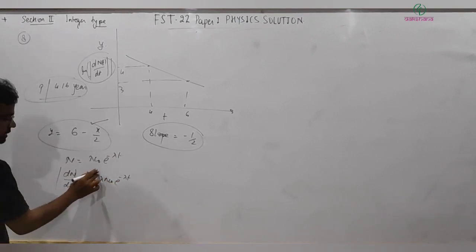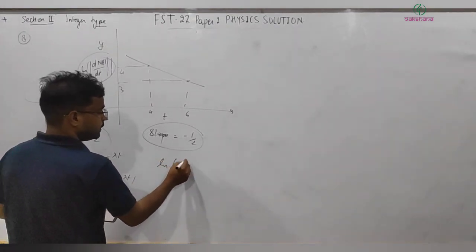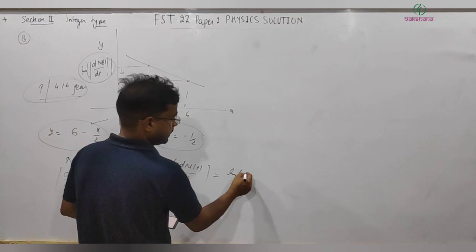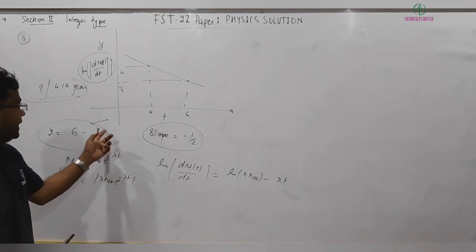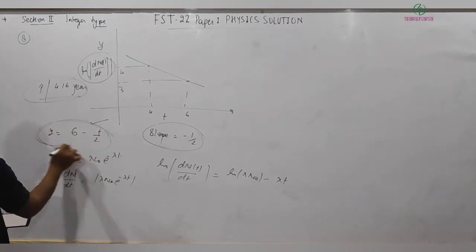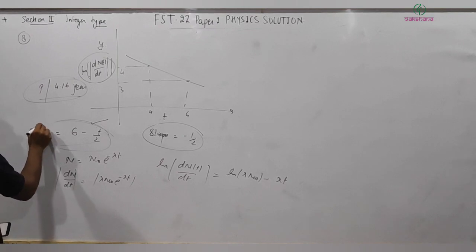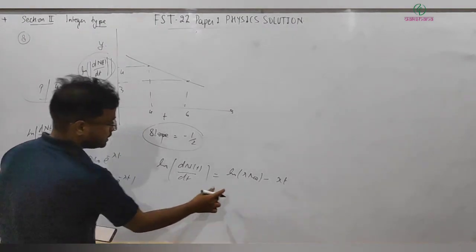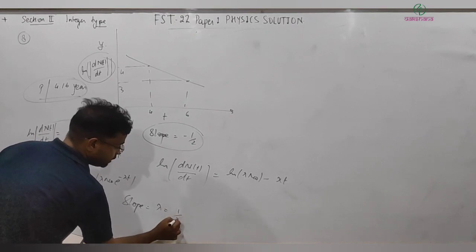Taking the mod and then log on both sides, and rearranging, we get ln of mod dN by dt equals ln of lambda N naught minus lambda into t. Now comparing, x is actually t. So comparing this relation with the equation of the line, the slope is lambda, which equals 1/2.